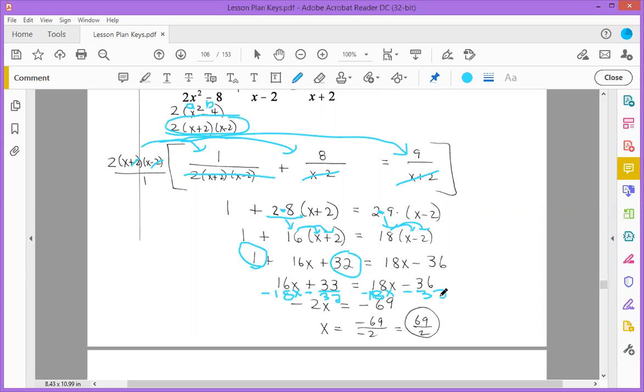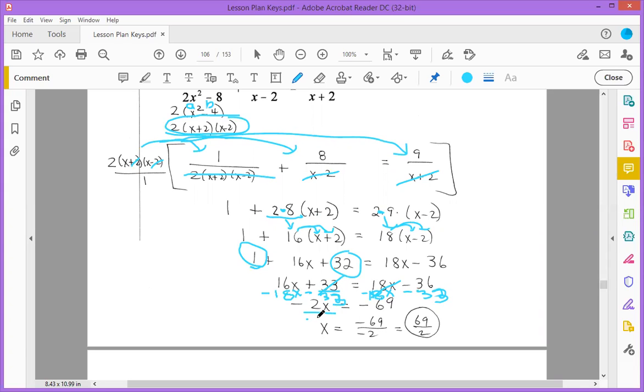And when we do that, I said subtract 32, we should be subtracting 33 from both sides of this equation. And when we do that, the 33s are going to cancel on the left side, leaving us with 16x minus 18x, that's negative 2x, equals, the 18x's are going to cancel on the right side of the equation, and we're left with negative 36 minus 33. That gives us negative 69.